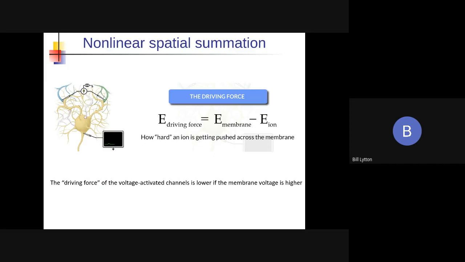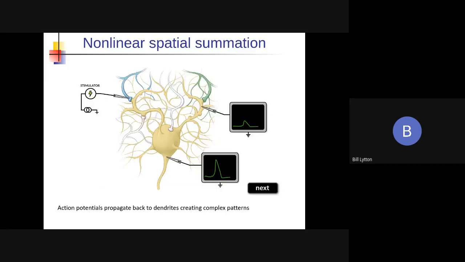So the driving force will be lower as the membrane voltage rises. The driving force for an EPSP will be lower in the conditions of a prior EPSP. And it also depends on the timing. The first EPSP will tend to reduce the driving force of the second. And there's also the shunting effect.